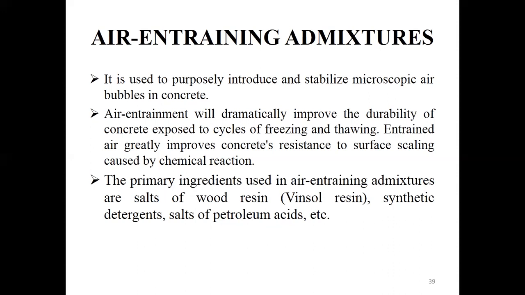If you are making it in the lab, we will be using a tamping rod while placing the concrete, because that will reduce the air voids present in the concrete. The air voids will not be of any uniform shape. The shape of the air voids present in the concrete will be irregular. This is called entrapped air.